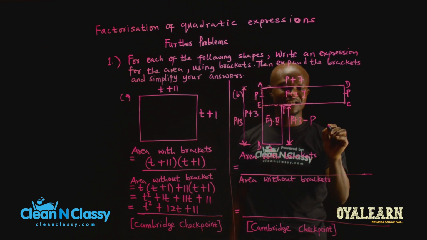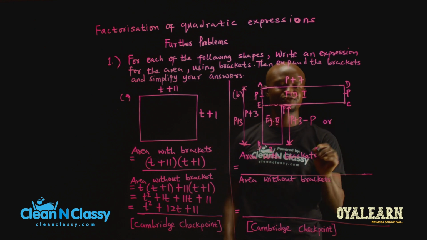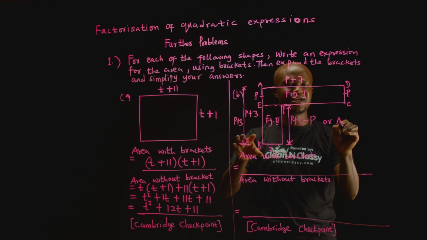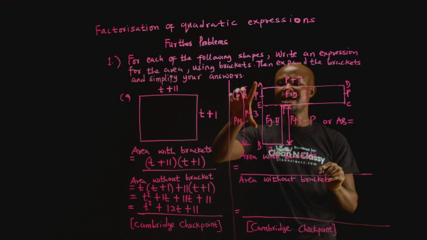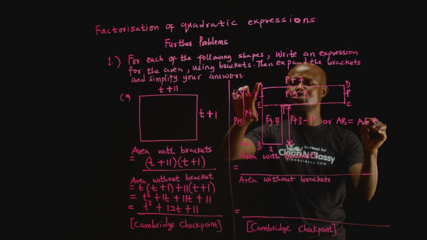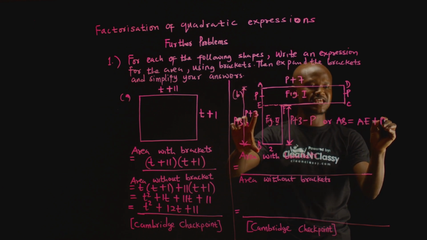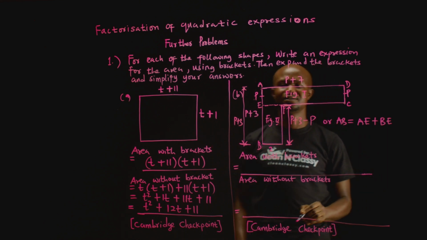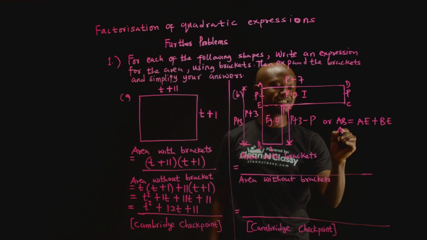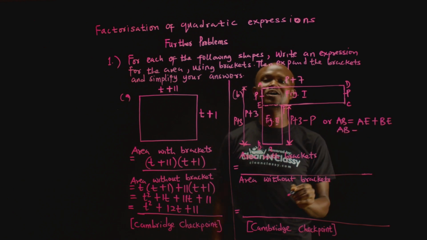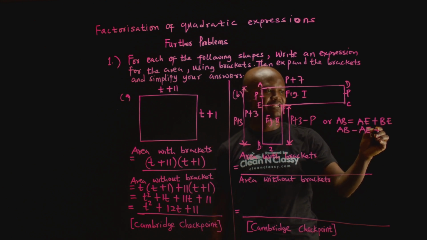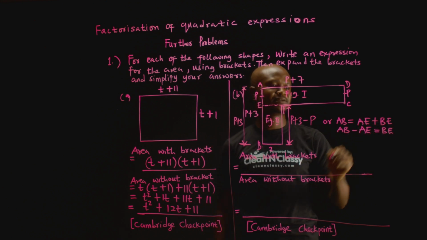From that place, we know that AB is equal to AE plus BE. Can you see? So I want to find BE. Make BE the subject. It means BE is AB minus AE.